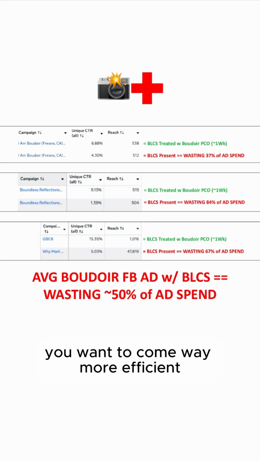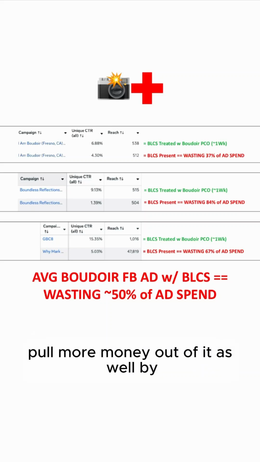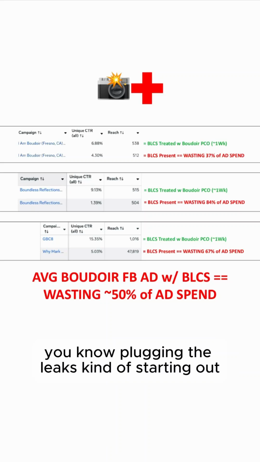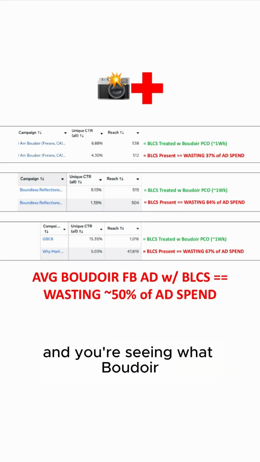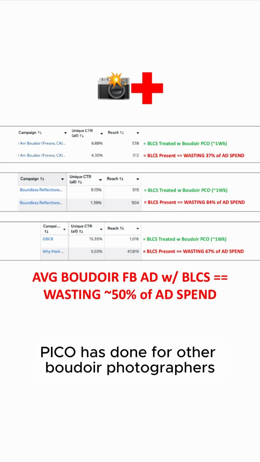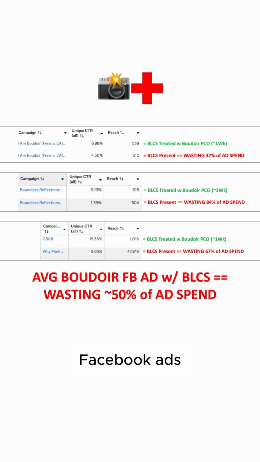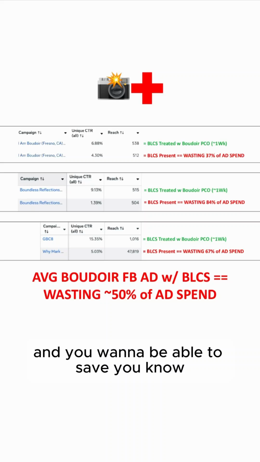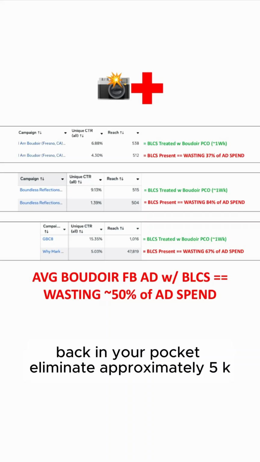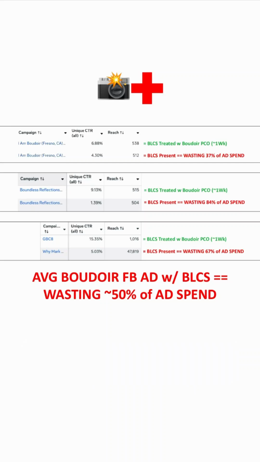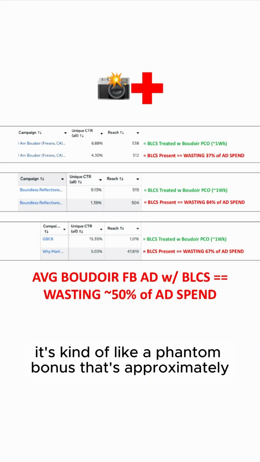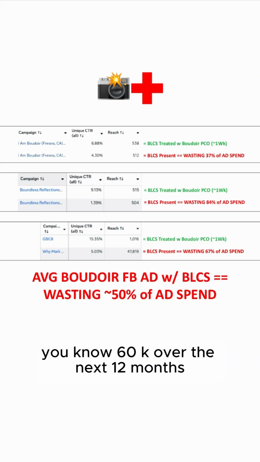You want to become way more efficient, pull more money out of it by plugging the leaks, and you're seeing what Boudoir Pico has done for other boudoir photographers' Facebook ads. You want to eliminate approximately 5K of ad spend every single month, literally back in your pocket. It's kind of like a phantom bonus. That's approximately 60K over the next 12 months.